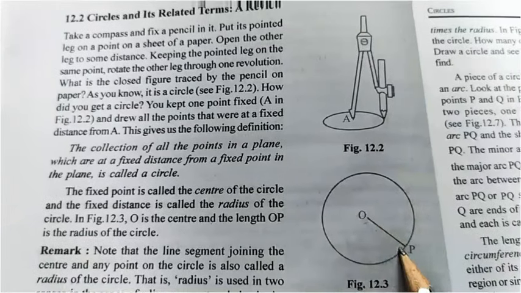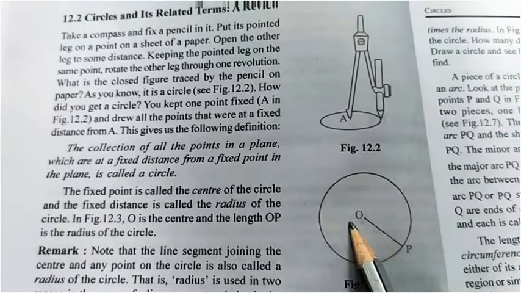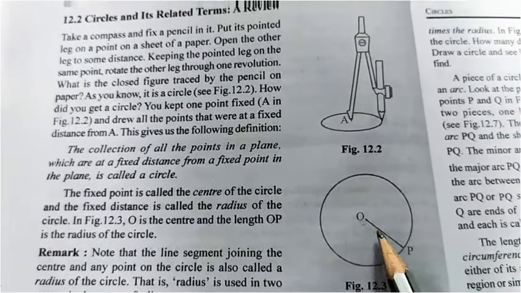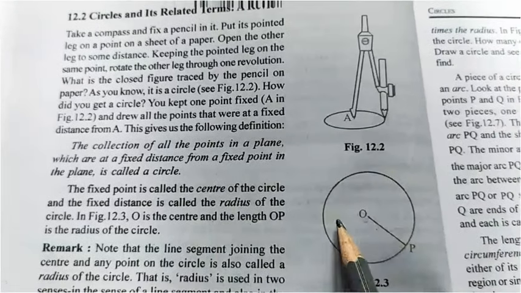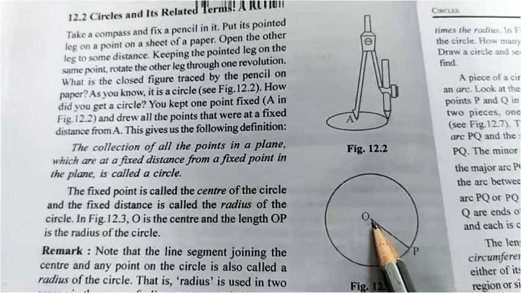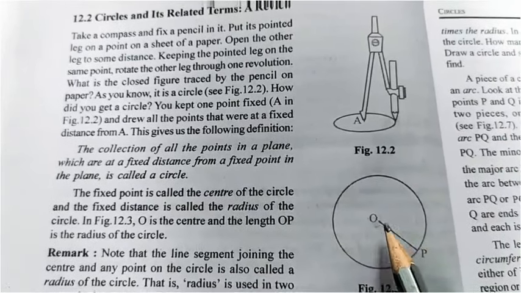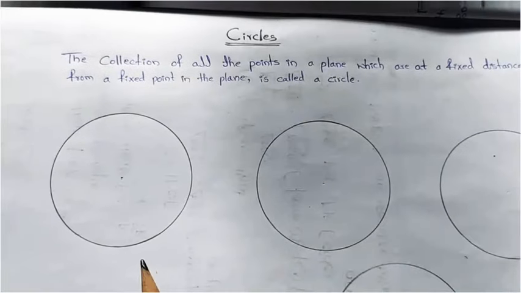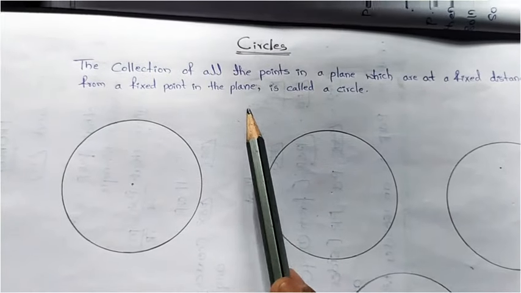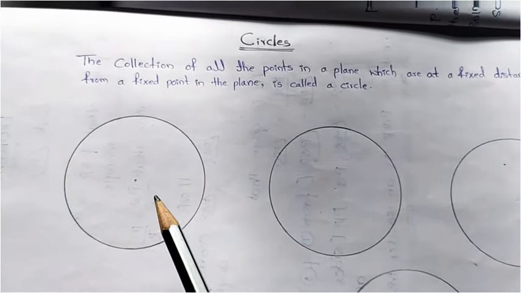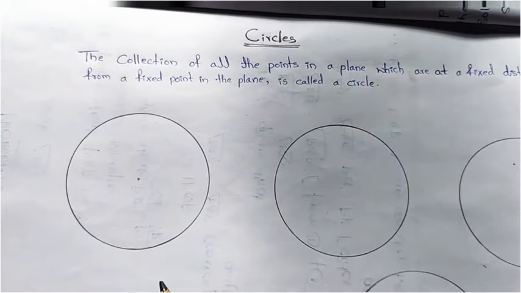That is the radius of the circle. So this fixed distance we call the radius of the circle, and this fixed point is called the center of the circle.